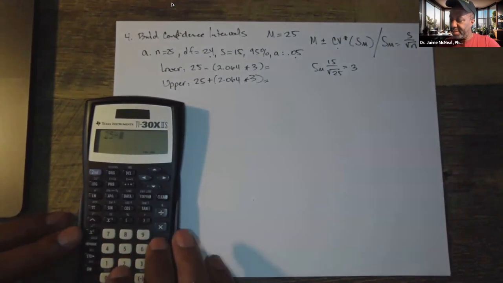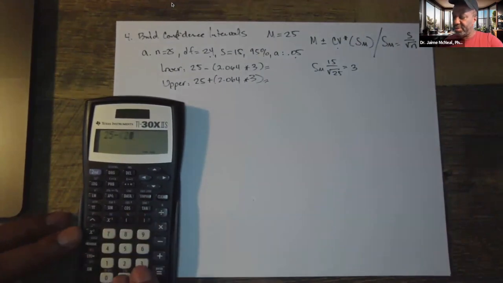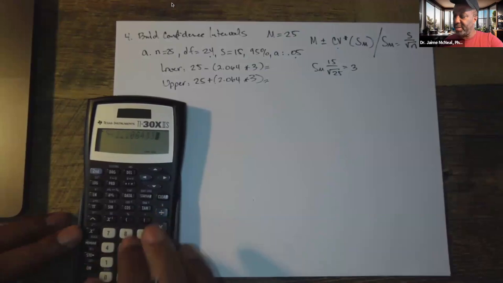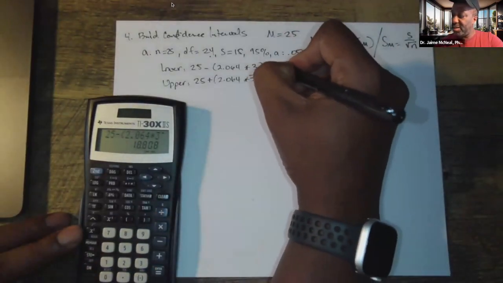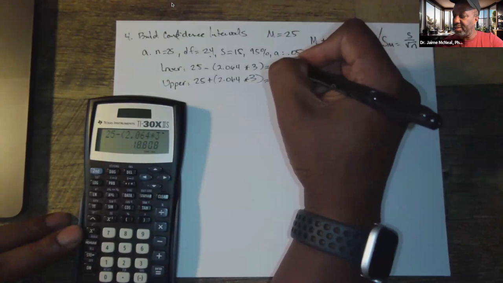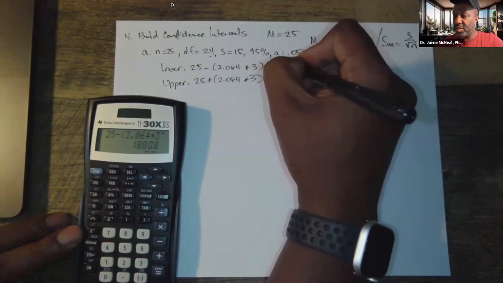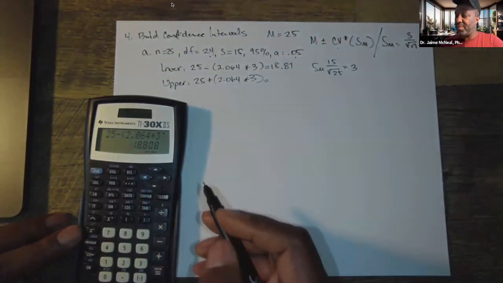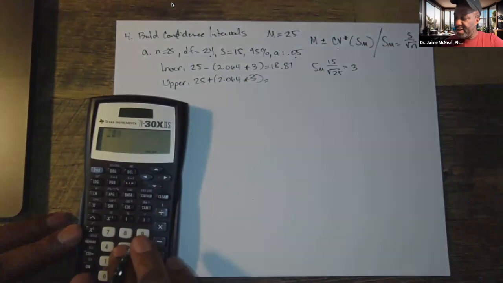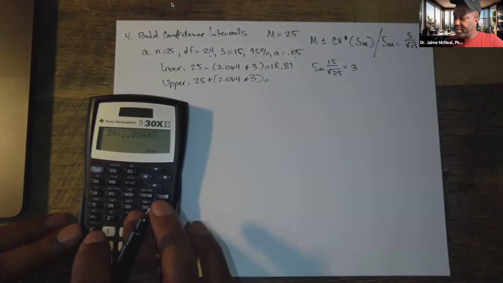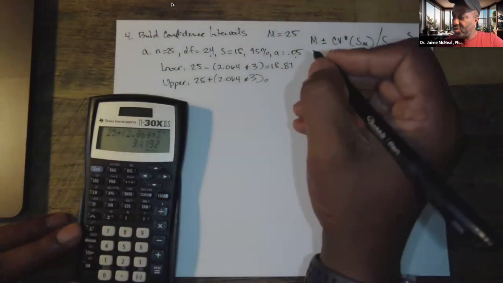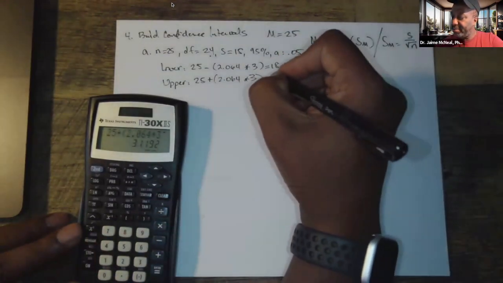25 minus 2.064 times 3, 18.808, so 18.81. We're going to round that up to 18.81. And 25 plus 2.064 times 3, 31.19.